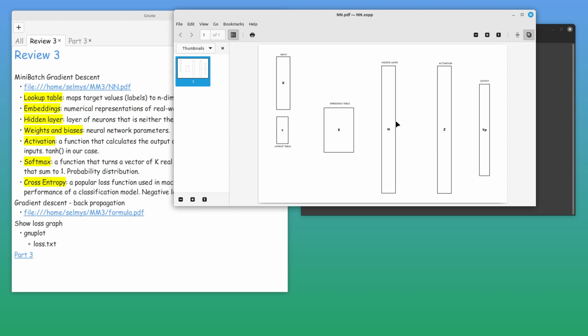So if our hidden layer H was, let's say, 100 neurons, it's really 32 by 100. And if our predicted values are just 27 neurons, they're really 32 by 27, because we're dealing with a mini batch.